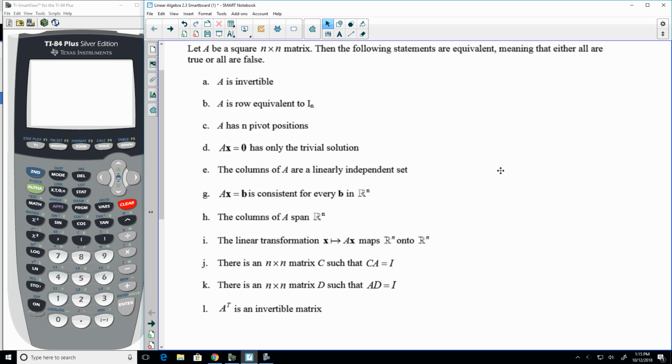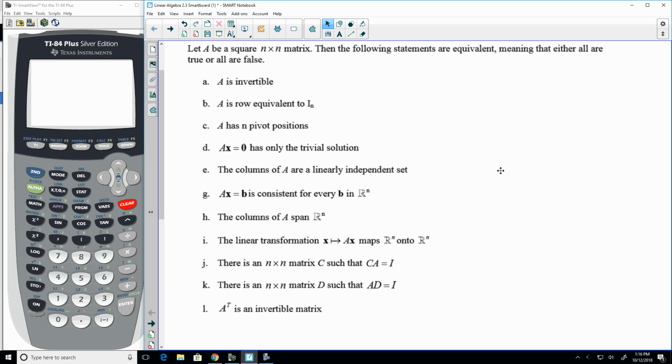The columns of A are linearly independent. Ax equals b is consistent for every vector in Rn. So you could plug in anything you want to the right side of Ax equals b. You can plug in any vector that's in Rn and you'll get a solution, because the left side will reduce to the identity. You'll get a unique solution, and whatever you get on the right side will be the solution.